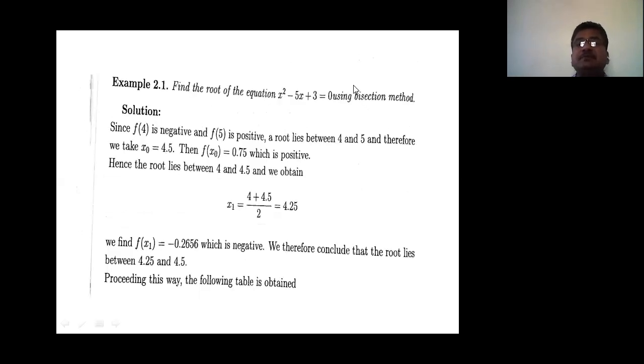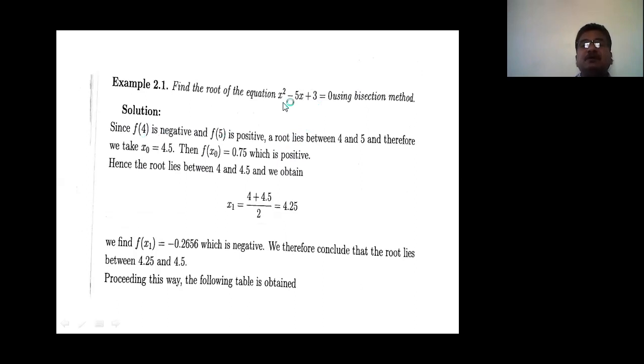Similarly, the next problem using the bisection method. This is f(x). Then find by using the trial and error method two numbers such that f(x) is negative and positive. The numbers are 4 and 5.